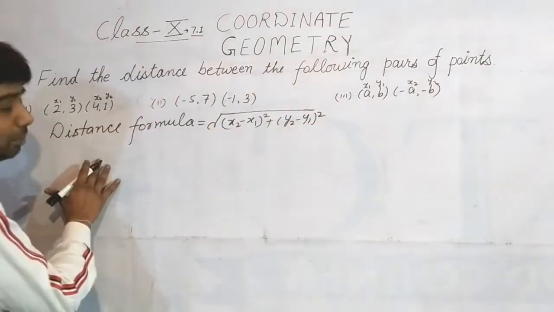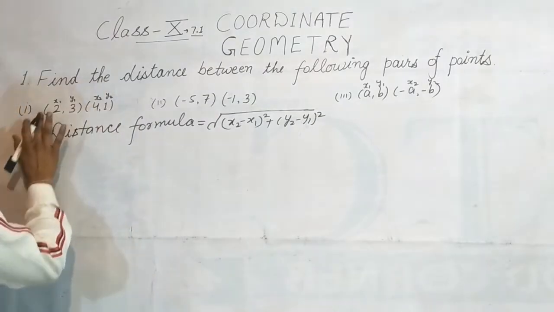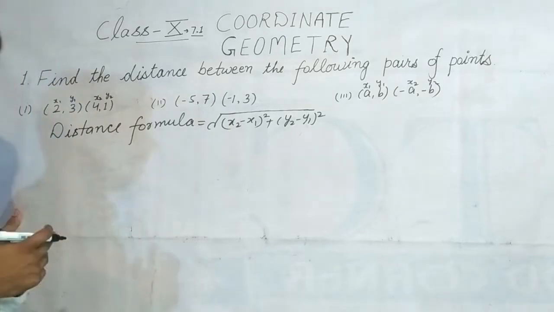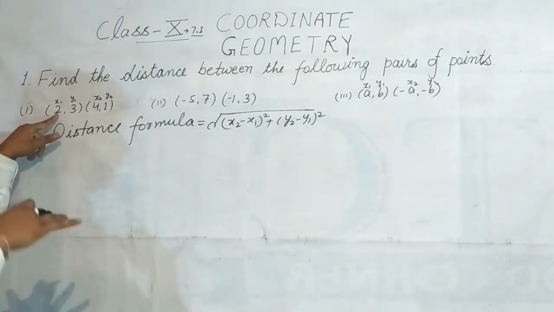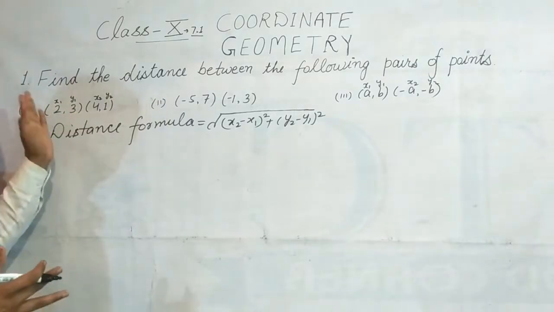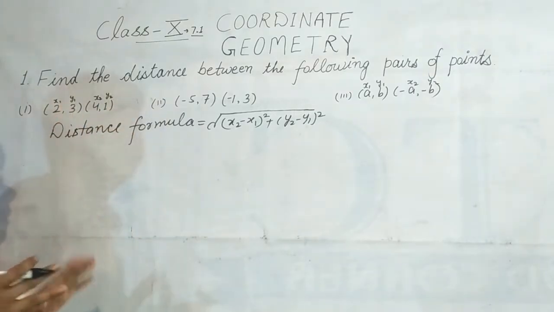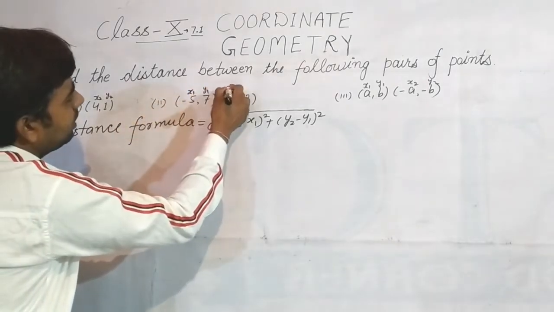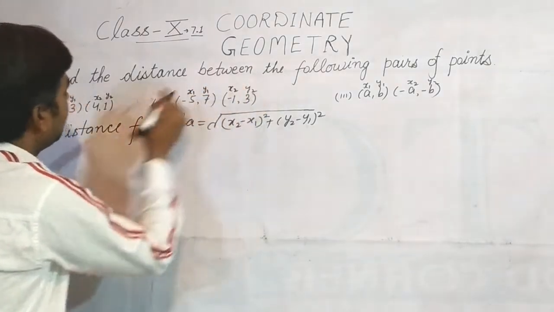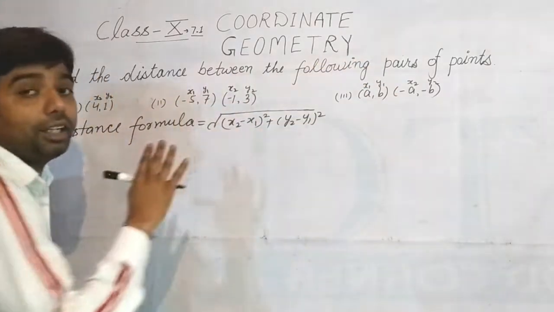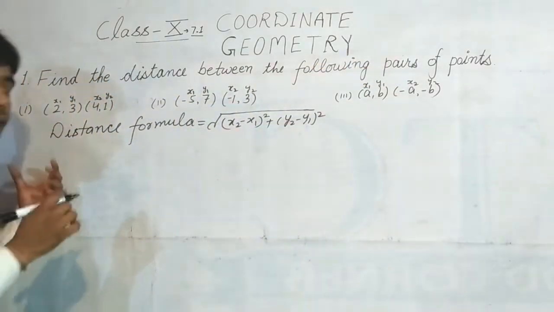In earlier classes we have already studied that the first number is the x coordinate and the second number is the y coordinate. In every point we are denoting in the same way: x1, y1, x2, y2. In each pair we are having the same distance formula, and we are required to find out the distance between these 2 points.